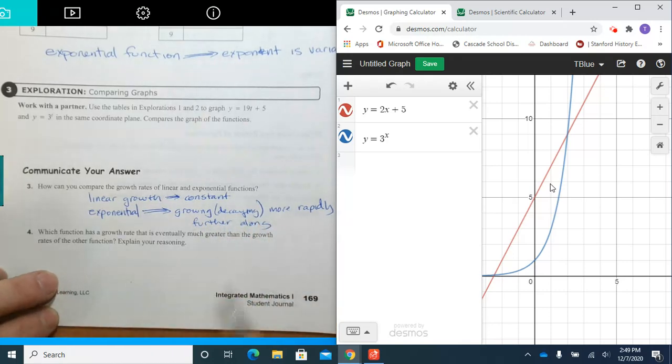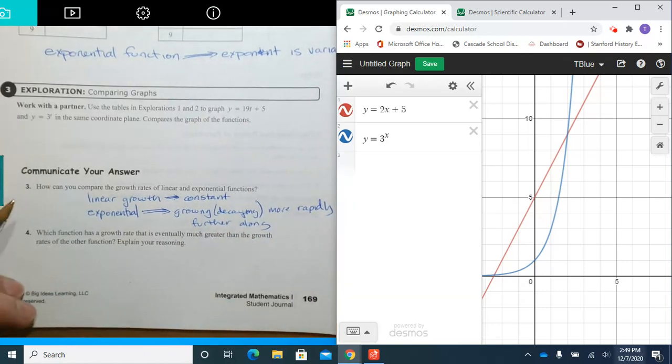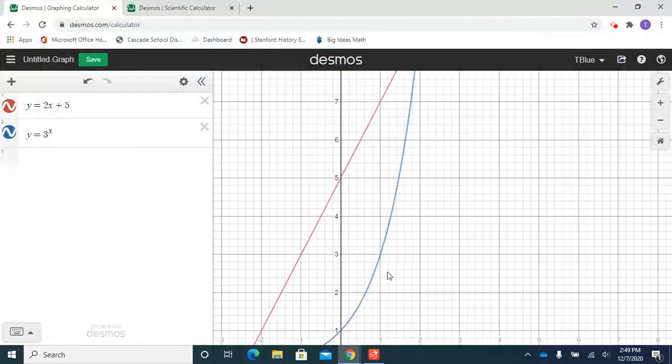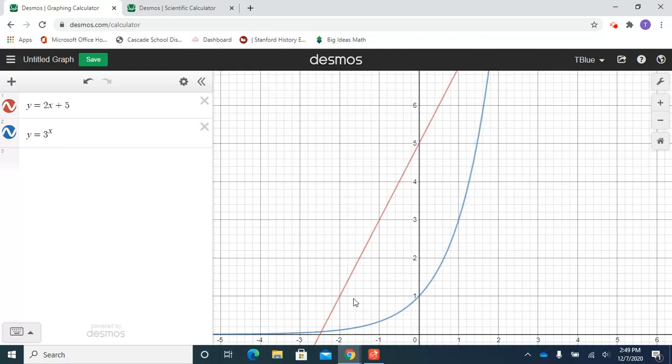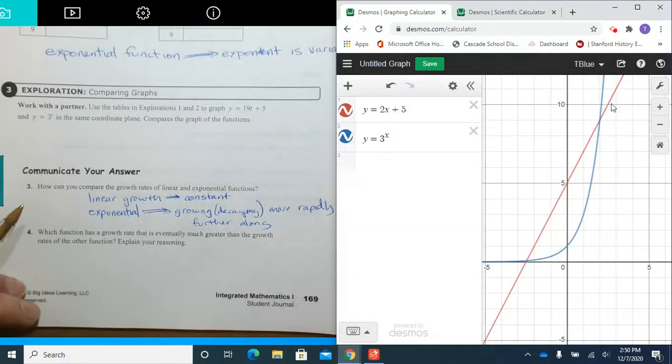So it starts growing, and you can see this growth. The growth is slow here, it's getting a little bit faster here, and faster, and then very fast. It's growing very quickly. Whereas the line, again, the growth rate here is the same as the growth rate here, same as the growth rate here. All right.